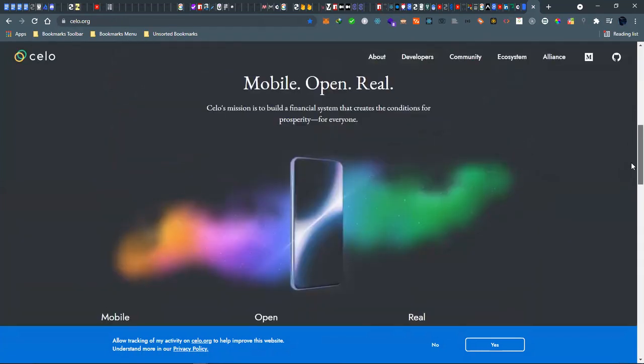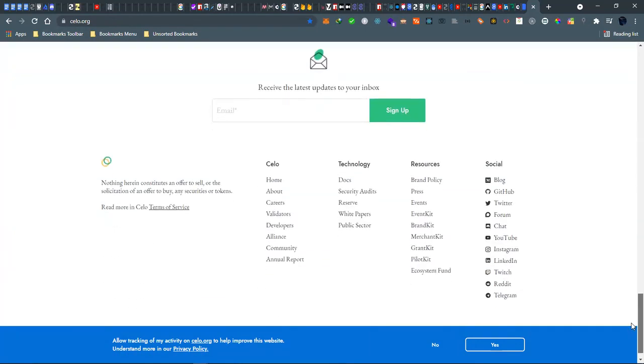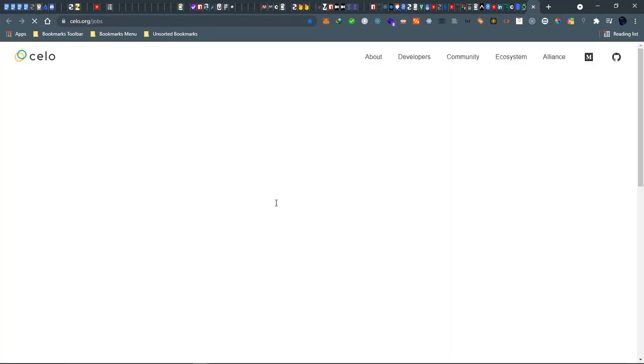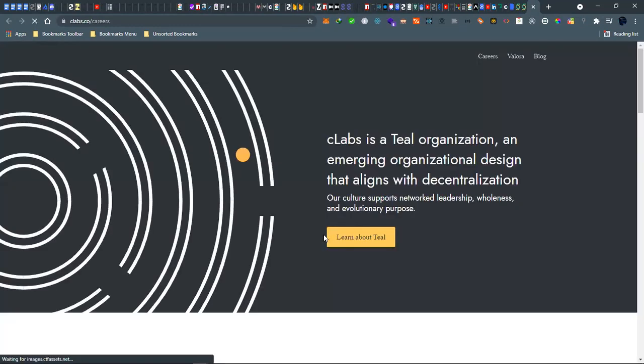So they normally have that slogan whereby whether you are a developer, you can also be a validator node. There is a lot of opportunity. For these career jobs, most of these careers are well paid.